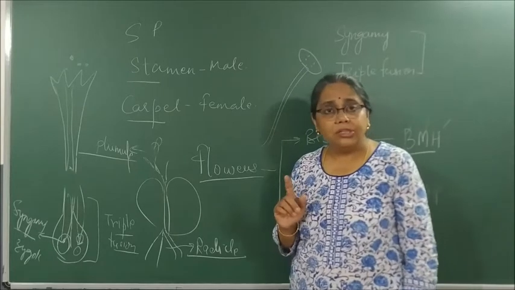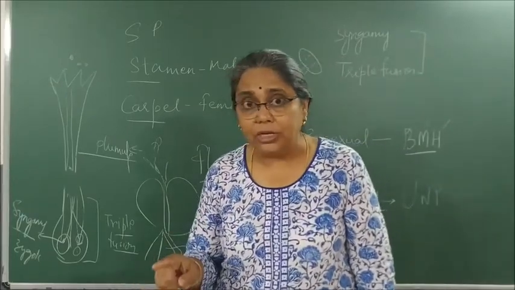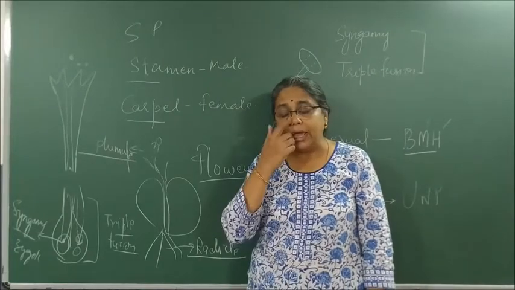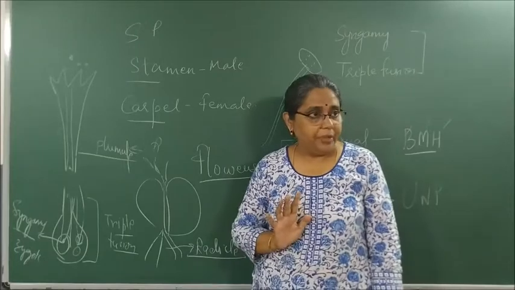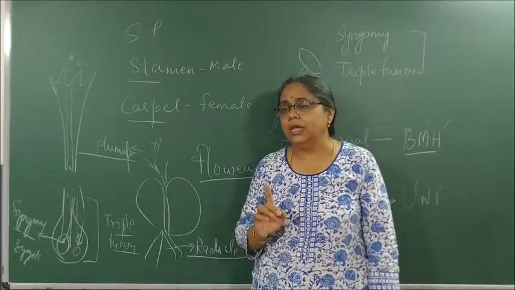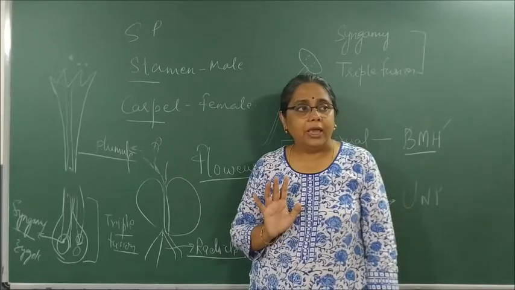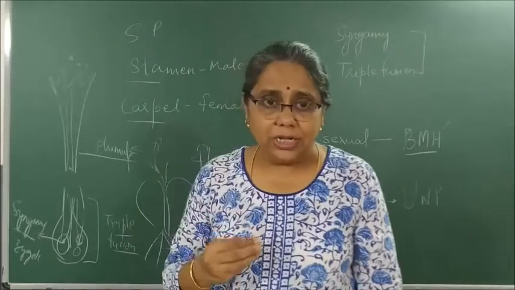And when they ask you fertilization in flower, you will draw figure 8.8. When they ask you parts of the flower or explain how the flower looks, then you will draw the first diagram. You should not draw the first part of the flower when fertilization is asked. LS of a flower does not talk anything about fertilization.